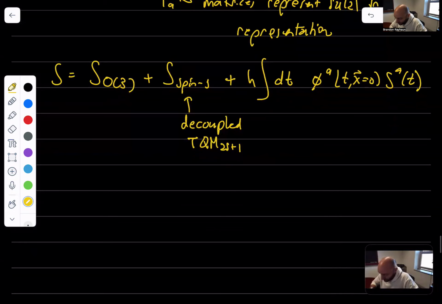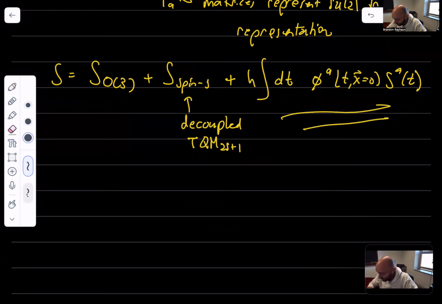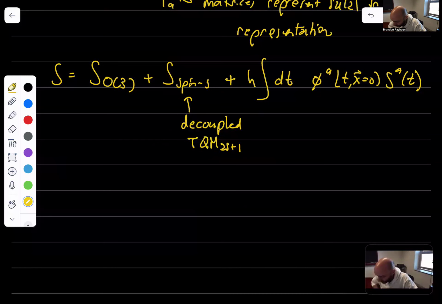So this formulation of the problem makes the anomalies much more transparent. If I go all the way to the UV, I can basically forget about this coupling term, and I just have a decoupled topological quantum mechanics, and this defect 't Hooft anomaly that I want to calculate is just an ordinary anomaly of this quantum mechanics. And so that's very straightforward to calculate.